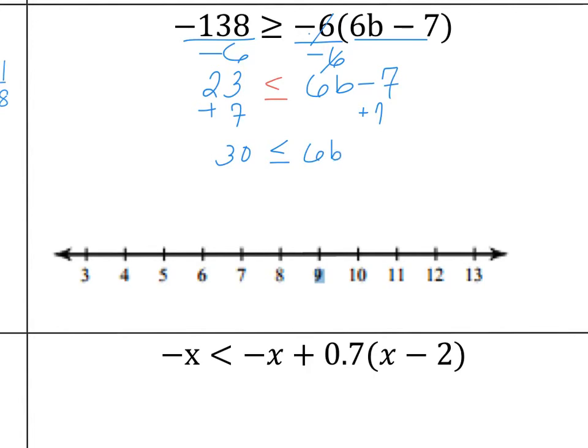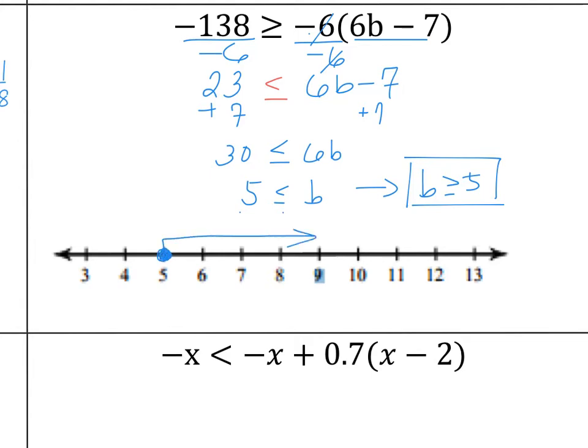And then I divide by 6 on both sides of the inequality to get 5 less than or equal to b, or we can rewrite this as b greater than or equal to 5. And now we can graph this. So 5 is here, closed circle, and point the arrow to the right. It's a closed circle because it's a greater than or equal sign.